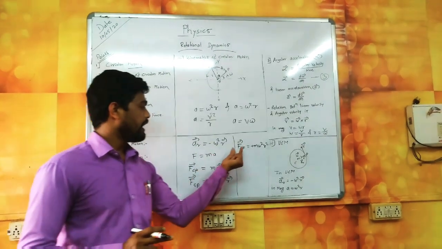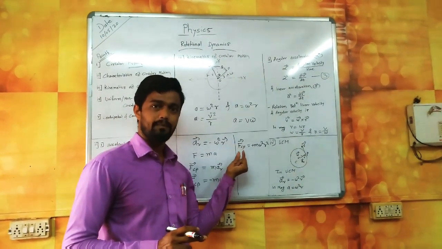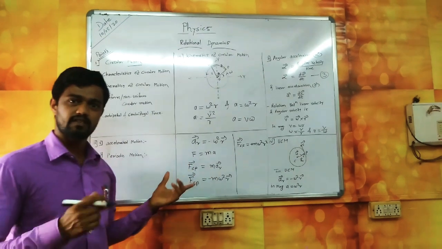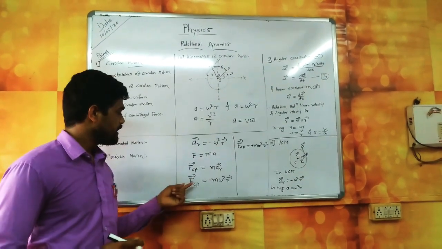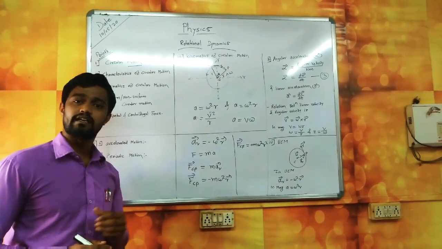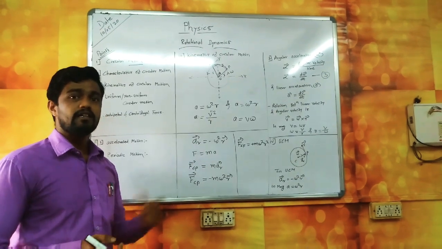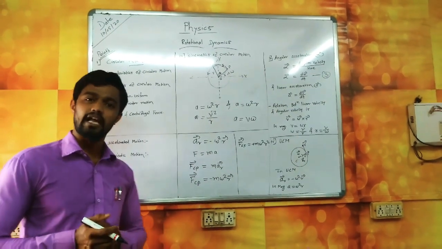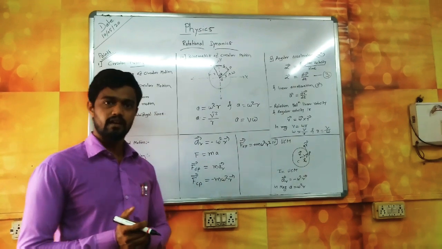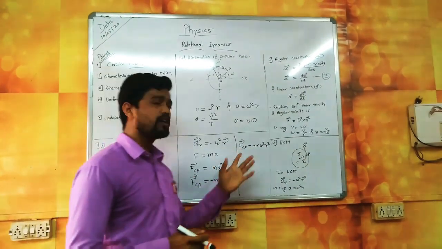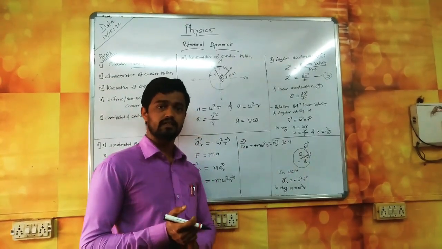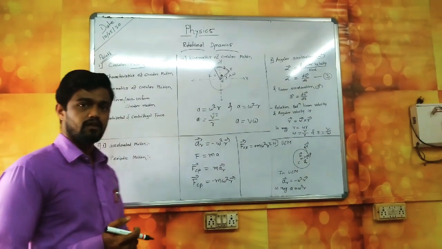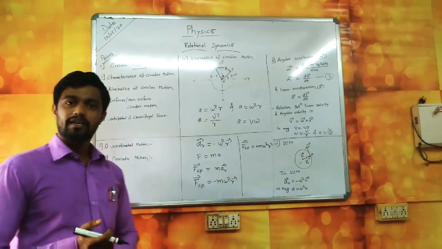And this is called centrifugal force. F_CF is defined as centrifugal force. F_CP is defined as centripetal force. Okay? Centripetal force is a real force, and centrifugal force is a pseudo force. So today we are stopping here.